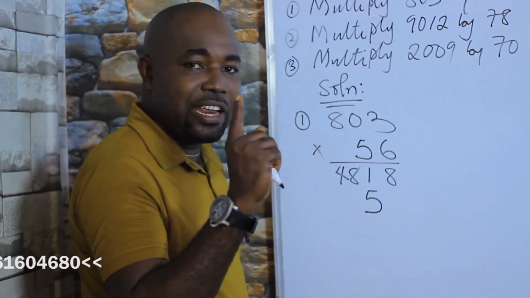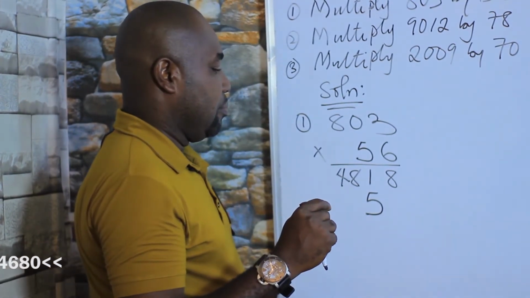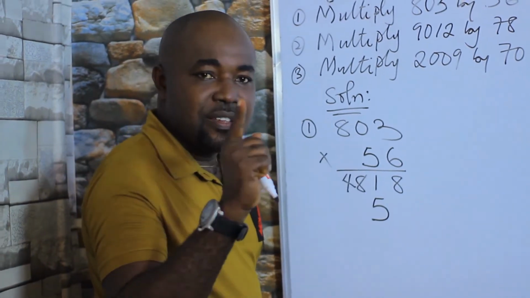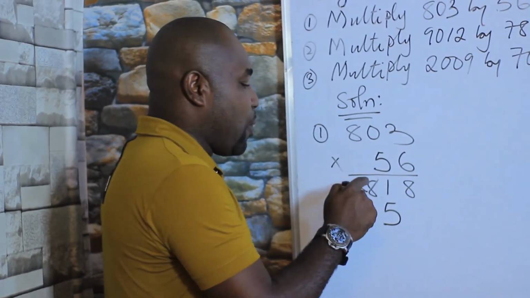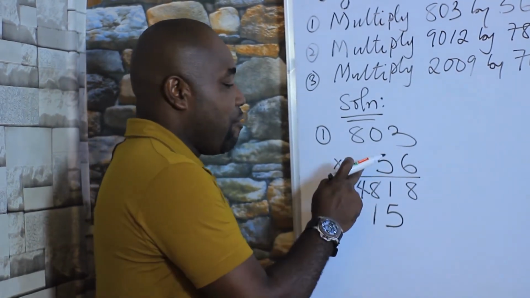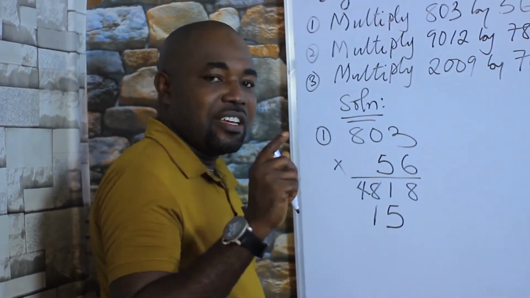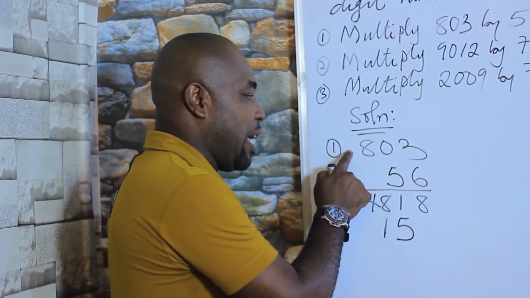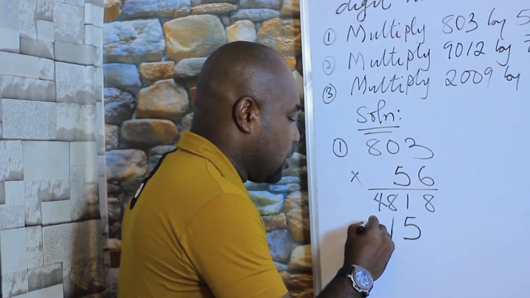We write 5, carry 1. 5 times 0 is 0, plus the 1 we carry, we write down 1. 5 times 8 is 40. There is no other number to multiply after 8, so we write down the 40.